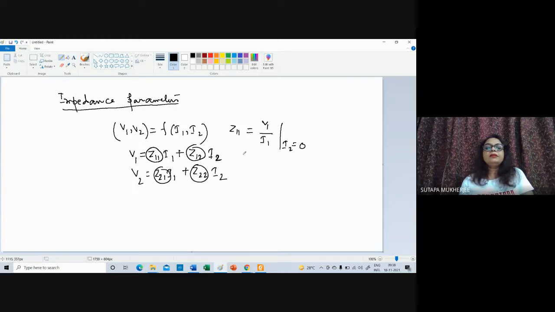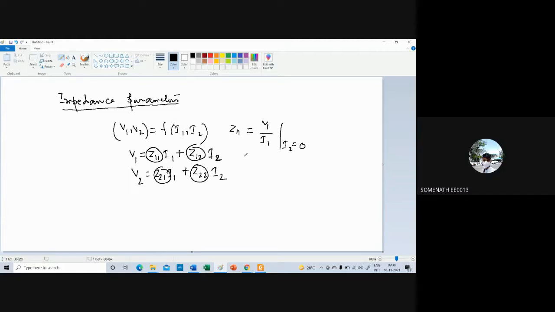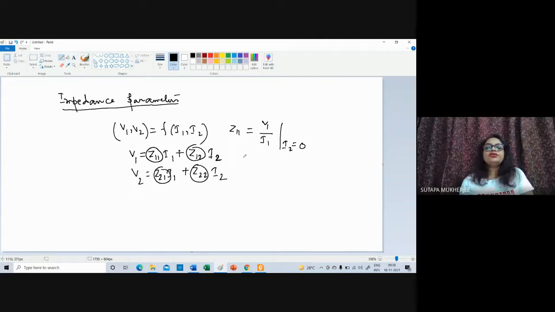Is it clear? Yes, ma'am. Again, if I2 is 0, then Z21 is V2 by I1, with I2 equal to 0. So if terminal 2 is open, that is I2 equals 0, then you will get two parameters, Z11 and Z21. Z11 is equal to V1 by I1, and Z21 is equal to V2 by I1.